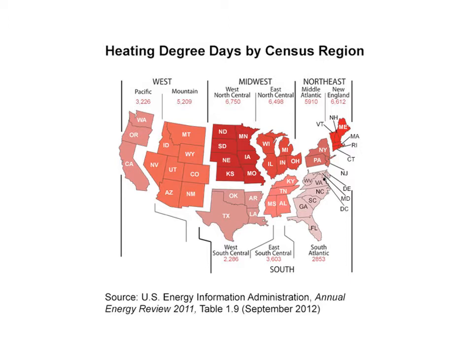What's shown here is that the darker regions, the upper Midwest and the Northeast, experience much higher cumulative heating degree days during the year, which means they have colder winters. The lighter colors, like the Southeast where we live, experience relatively low numbers of heating degree days. So we have mild winters and relatively low heating demands throughout the year.